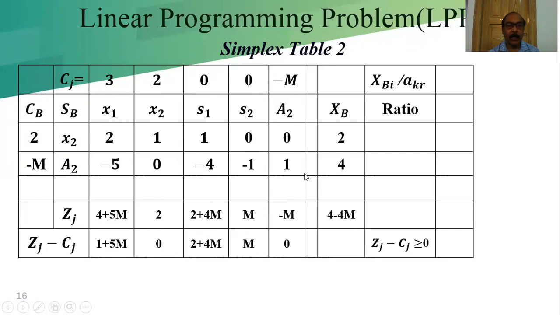Now minus m plus 1 minus m: minus of minus m, that means minus m plus m, this is 0. In this case the objective function value is 2 into 2 is 4 and minus 4m, so 4 minus 4m is the objective value.